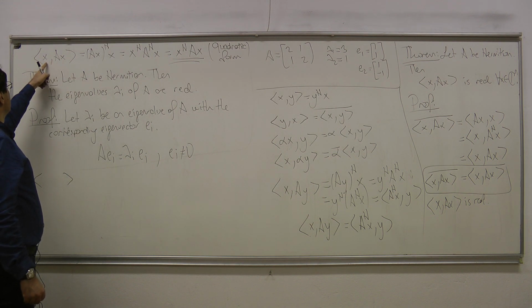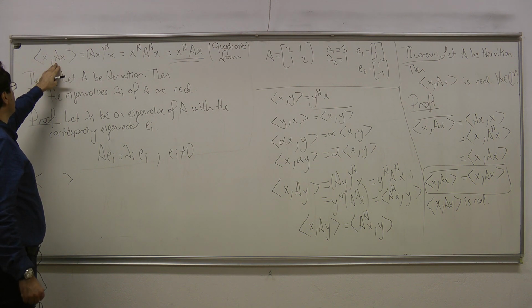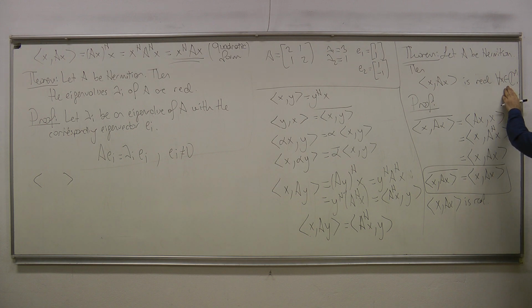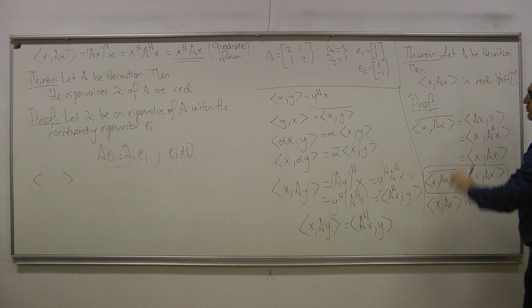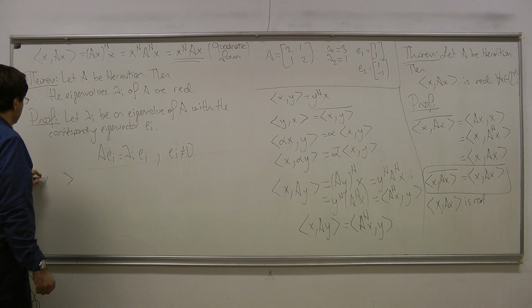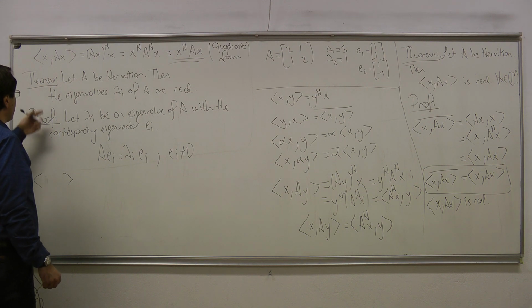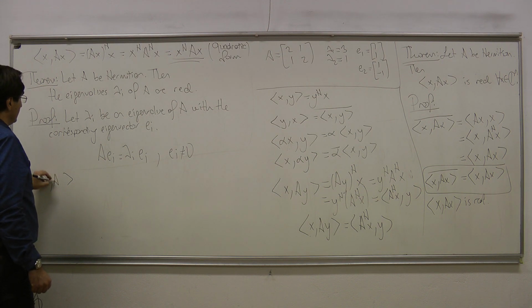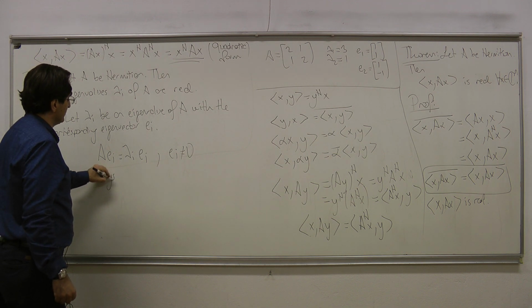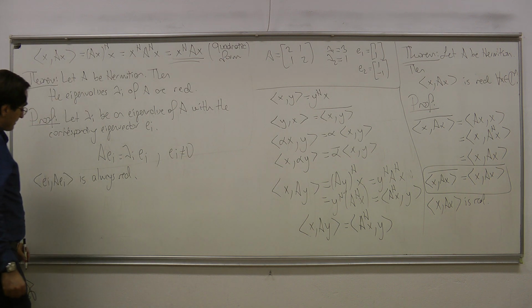Here we see that the inner product of x with Ax is real. This property of such an inner product is correct for all x in Cn. So when I choose x as an eigenvector, this property should also hold. If I substitute EI instead of x, then this is always real.